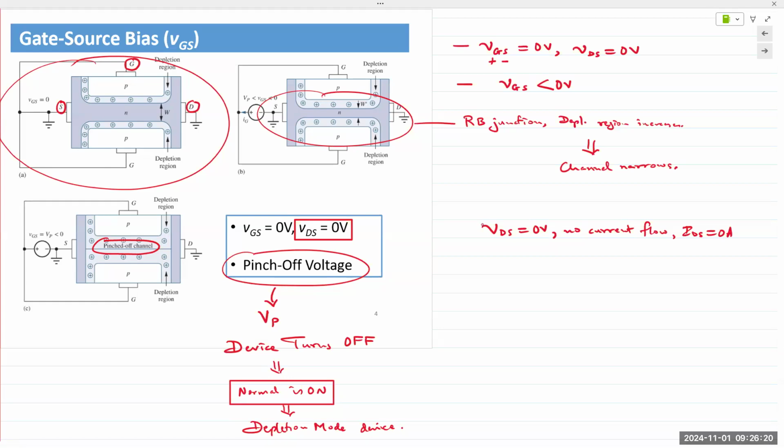And VGS is increased, and when increased, we mean increasingly negative. So increasingly negative voltage is applied and the channel pinches off. When the channel pinches off, we refer to that voltage as VP, pinch off voltage. So the only current that flows through the JFET there would be reverse saturation current, very small.